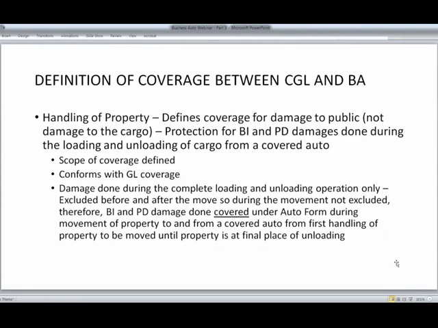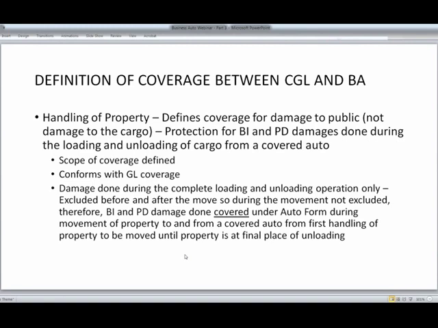Handling of property defines coverage for damage to the public, not damage to the cargo. Again, care, custody, control protects for bodily injury and property damage done during the loading and unloading of cargo from a covered auto. It conforms with the GL coverage.